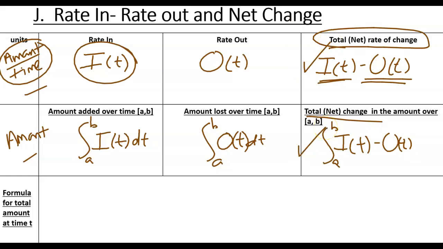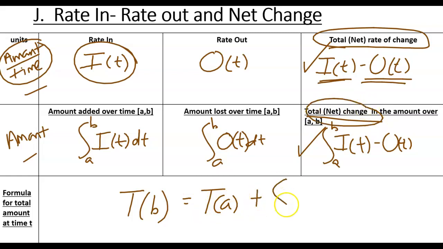Okay, so that's that. Now, we also, from this, can create a formula that will tell us the total amount in the tub at any given time. So you can find the total amount in the tub at any given time, we'll say B, so long as you know the total amount at the beginning, which once again, usually you do, and you add to that the net change.